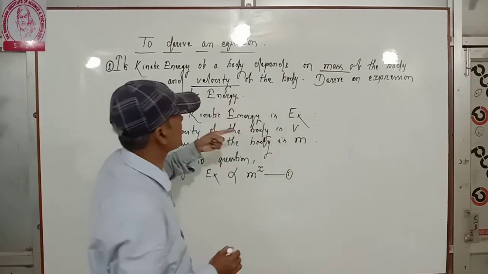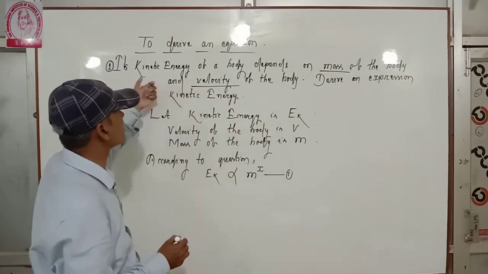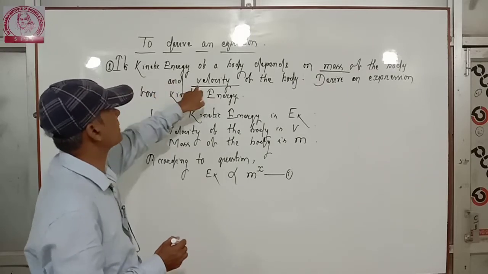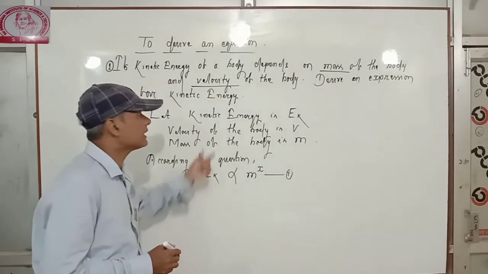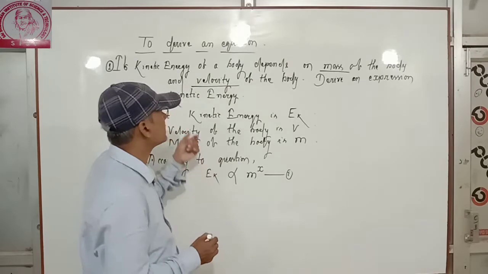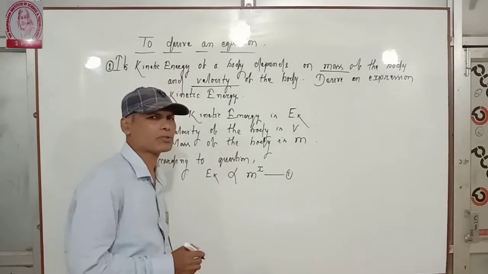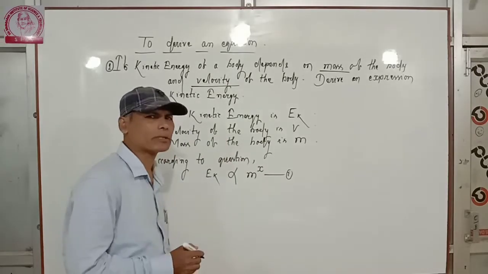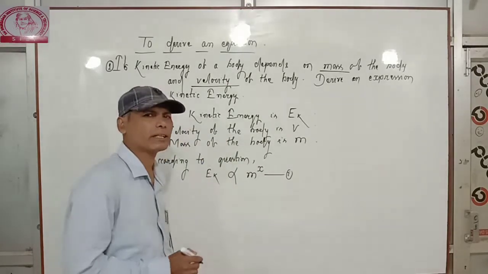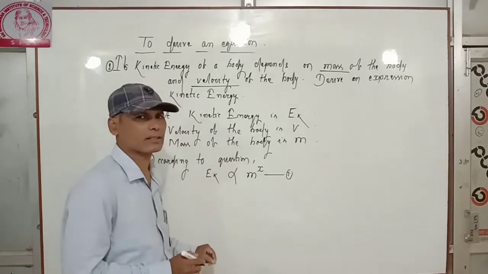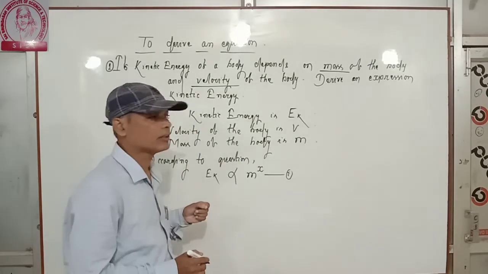In the second step, it is stated that kinetic energy depends on velocity. In this case also, it depends on velocity, not on the square of the velocity, cube of the velocity, inverse of velocity, or anything else. Nothing is given.